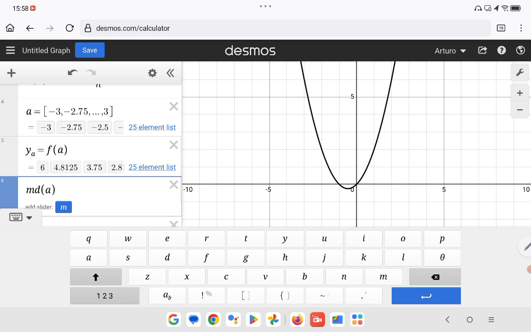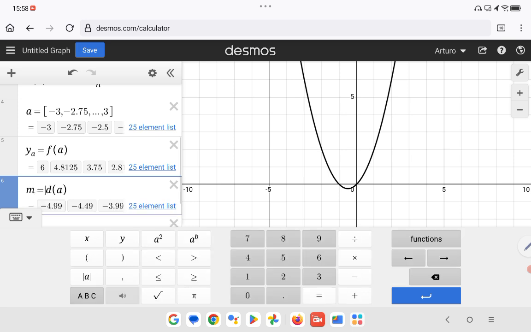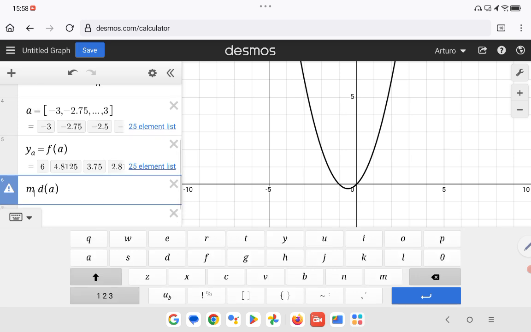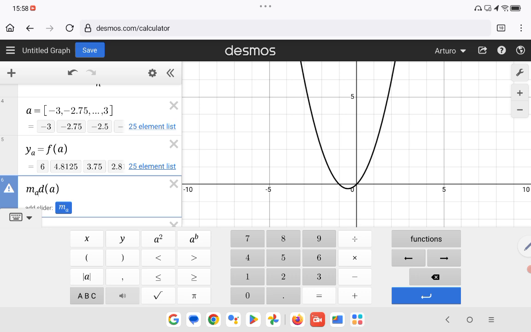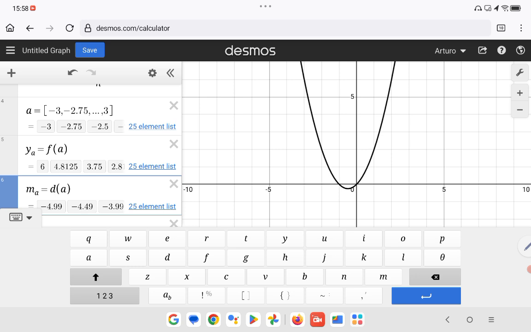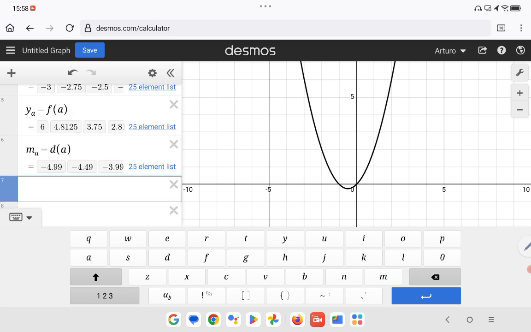So m equal, actually I'm going to give it a label so that we know what we're talking about. Equal d of this.